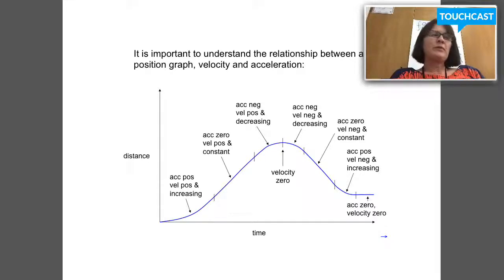This is just a graph so we can practice thinking about the relationship between position, velocity and acceleration. So we know velocity is the derivative of position, and we know derivative means slope. So velocity is the slope of the position function, which means anytime the slope of the position function is positive, anytime the position function goes uphill, then velocity must be positive.